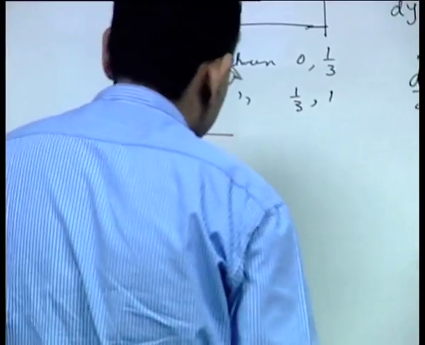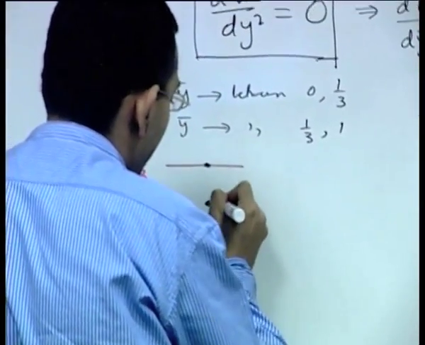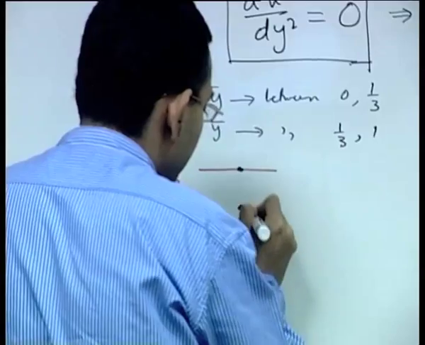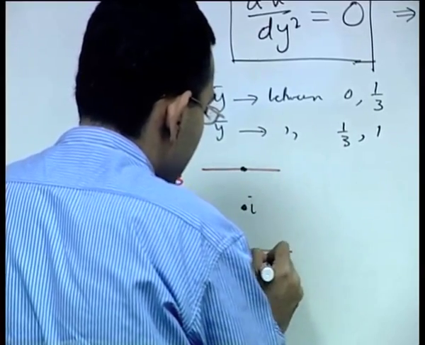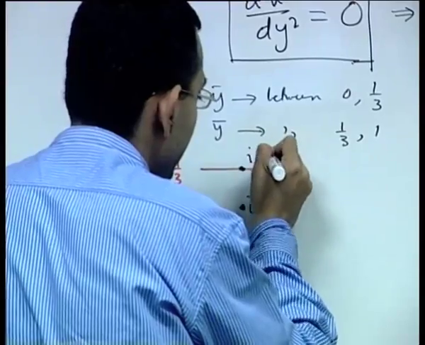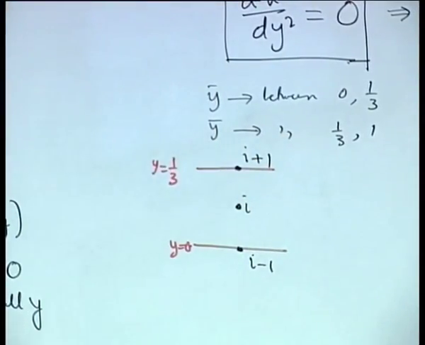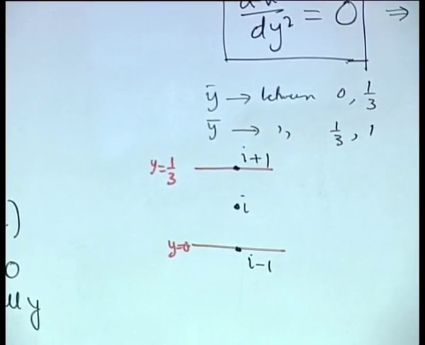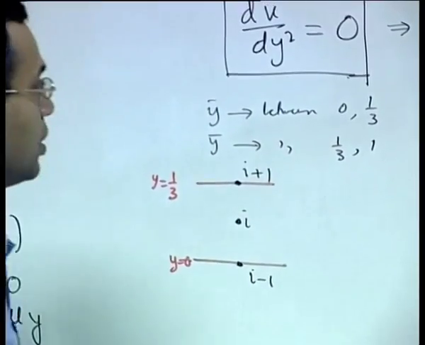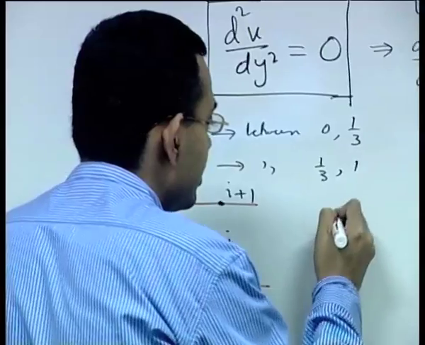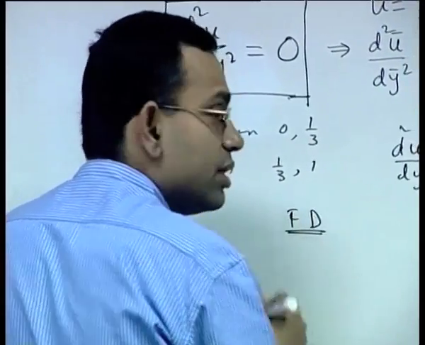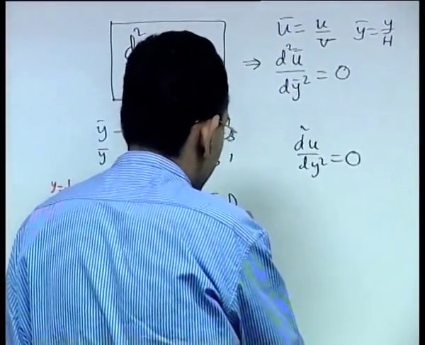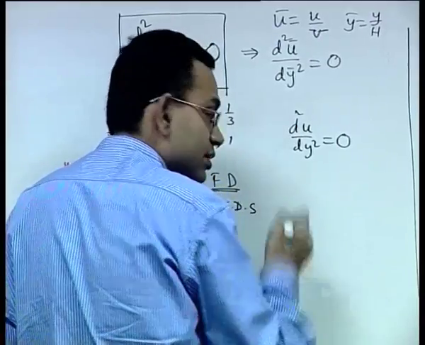So, you can call this as say I, this one as I minus 1, this one as I plus 1. So, for finite difference you can use different schemes, say you use a central difference scheme. So, that is also your choice.